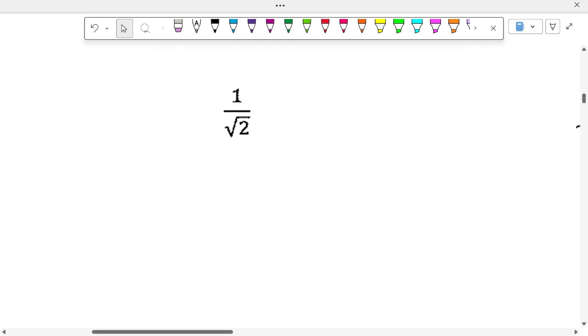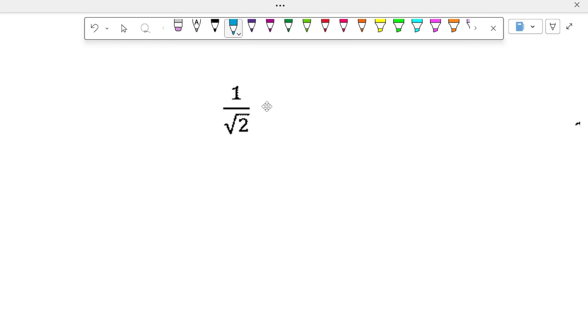Now let's talk rationalizing the denominators. So we also talked about this yesterday. Remember, we do not like square roots in the denominators of a fraction. So how do I get rid of it? You got to multiply the square roots to what?